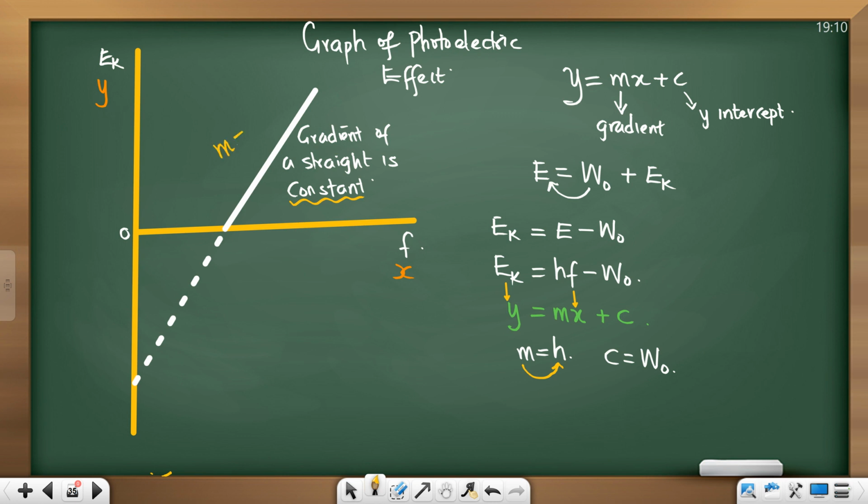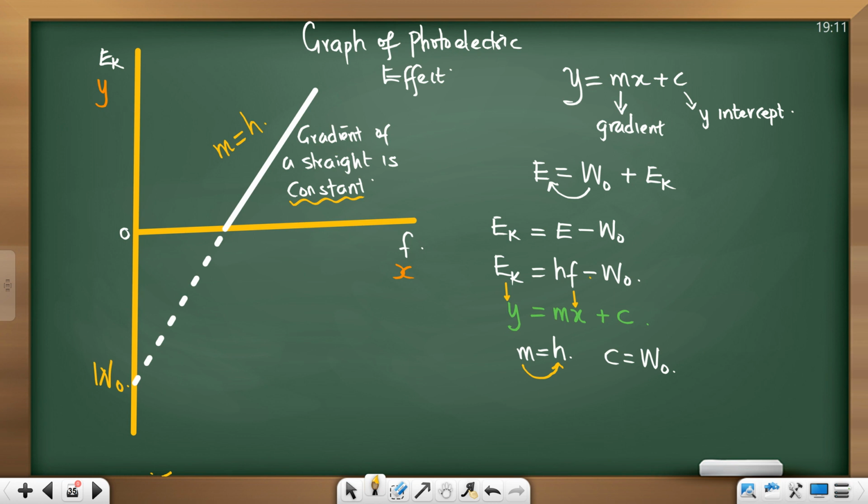So m is equal to h. What did we say our c is? I want you to watch something. Do you notice the y-intercept is below 0? So it's a negative value. That's what negative stands for here. It means this point is my work function.